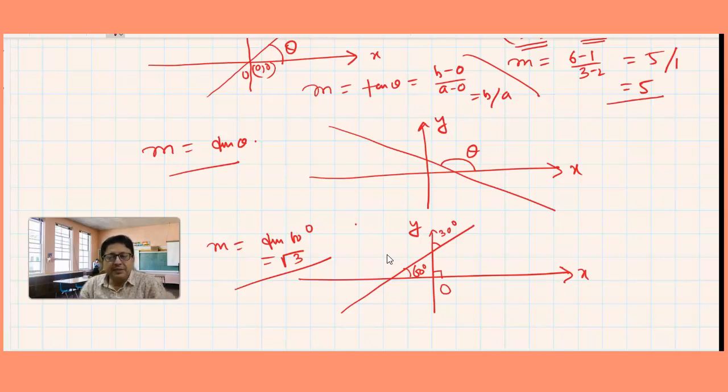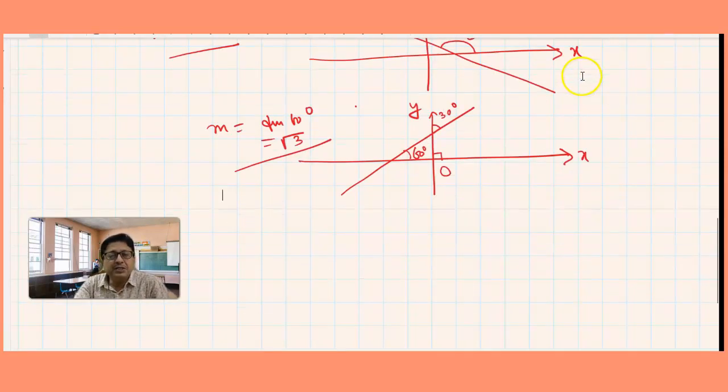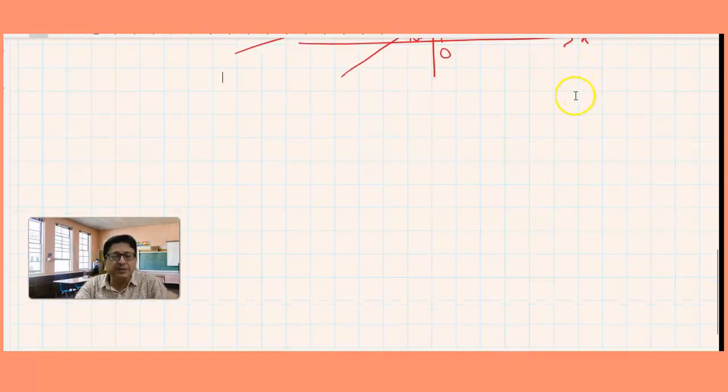Now, in this class 11, you need to know what a line actually is. A straight line, whatever you see in coordinate geometry, is actually the locus of points which satisfy a first degree equation.